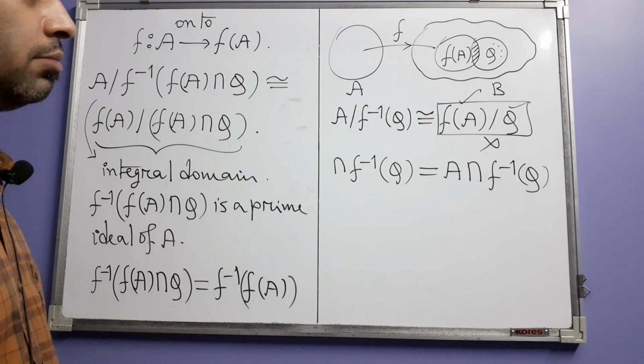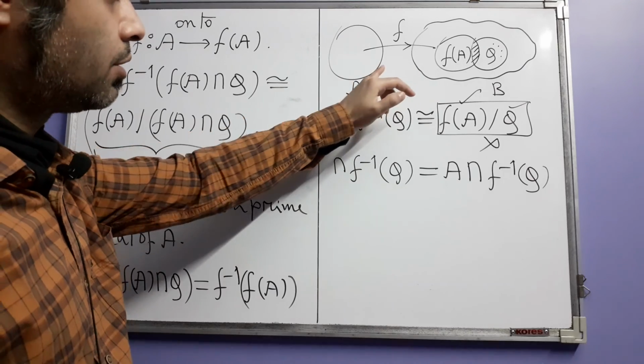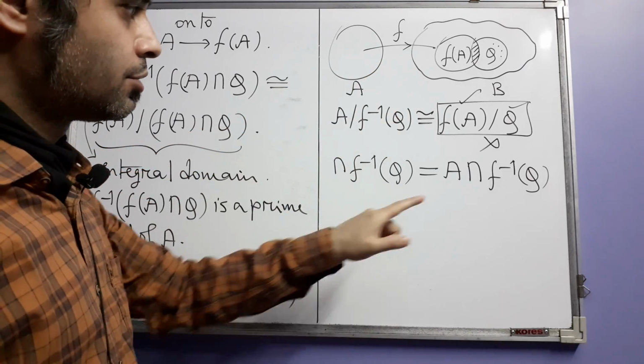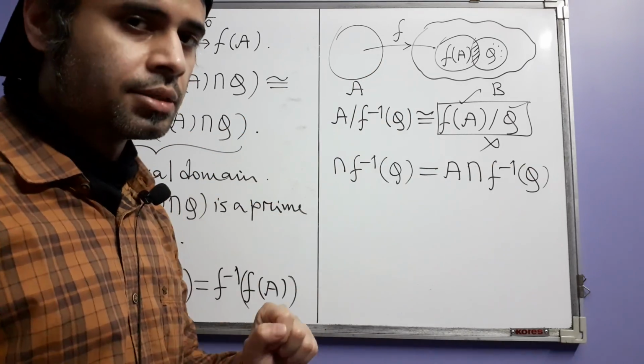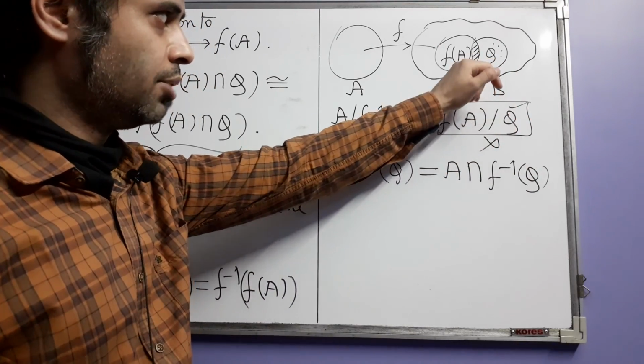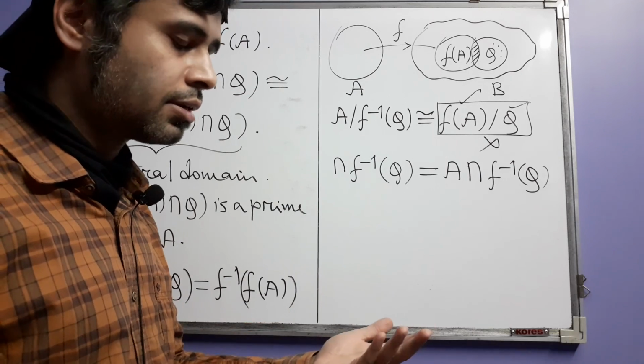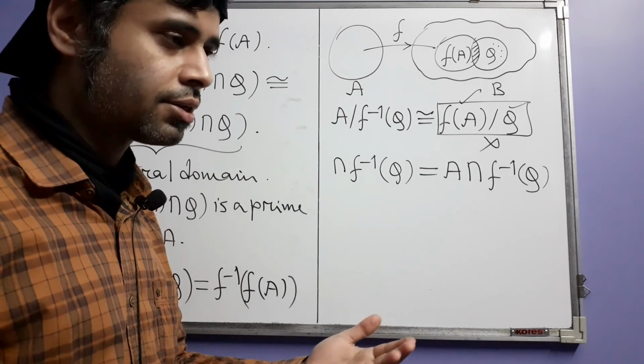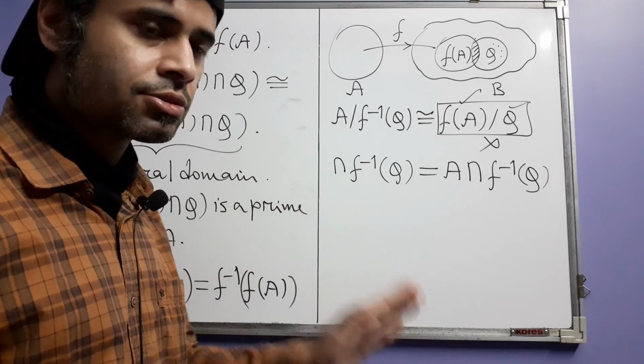Now, you see, the domain of your function f is A. So any inverse image of any subset of B, whether that subset belongs to f(A), or intersects f(A), or is disjoint from f(A), does not matter.